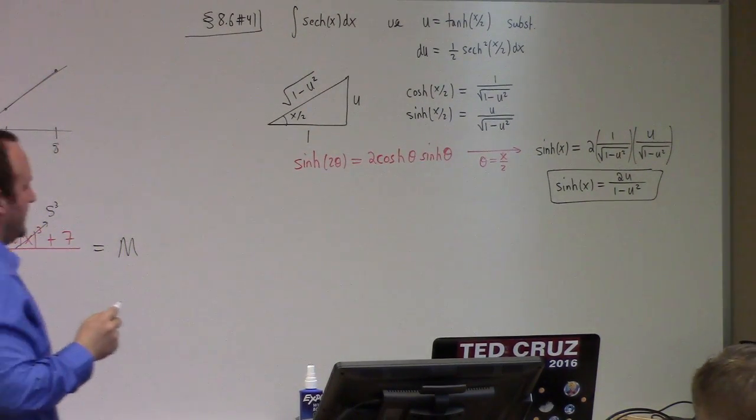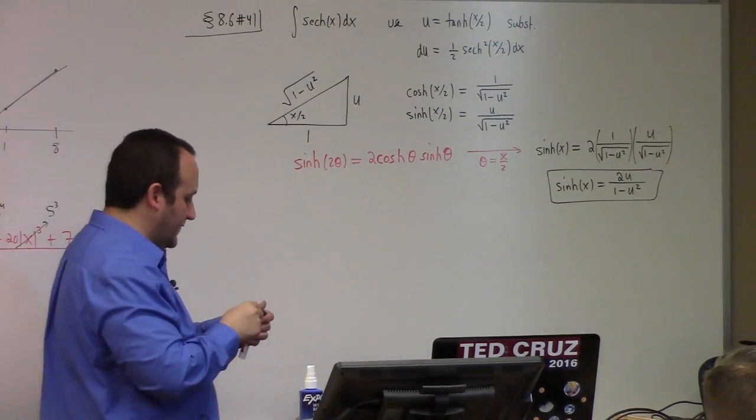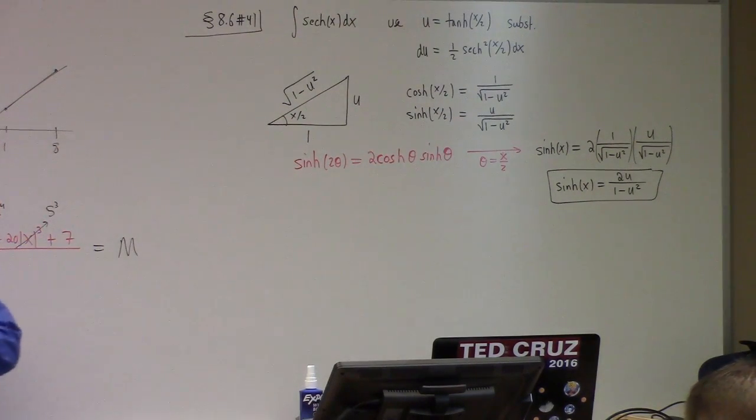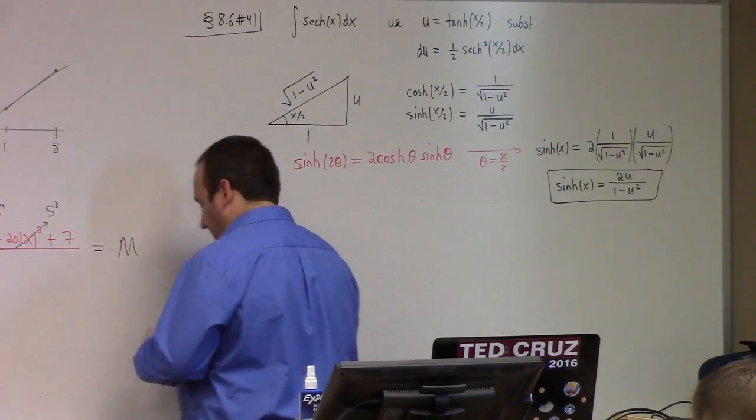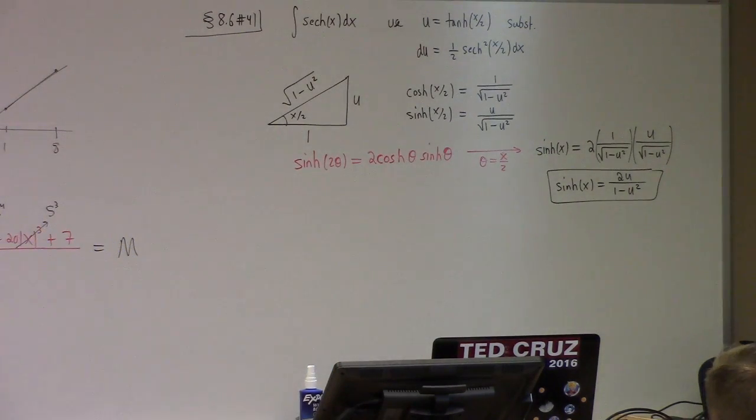Now to figure out cos, I need to figure out what's the formula for cos of 2 theta? How do we figure that out? If you don't remember the identity, but you do remember the one that's in red, a simple thing to do is to differentiate that identity to find the other one, right? If I differentiate the cos 2 theta identity, what does that give me with respect to theta?